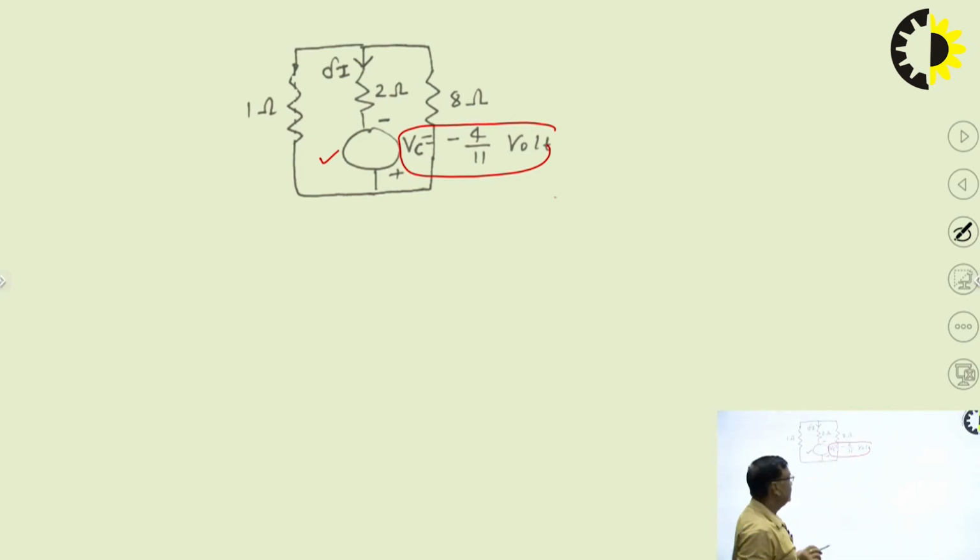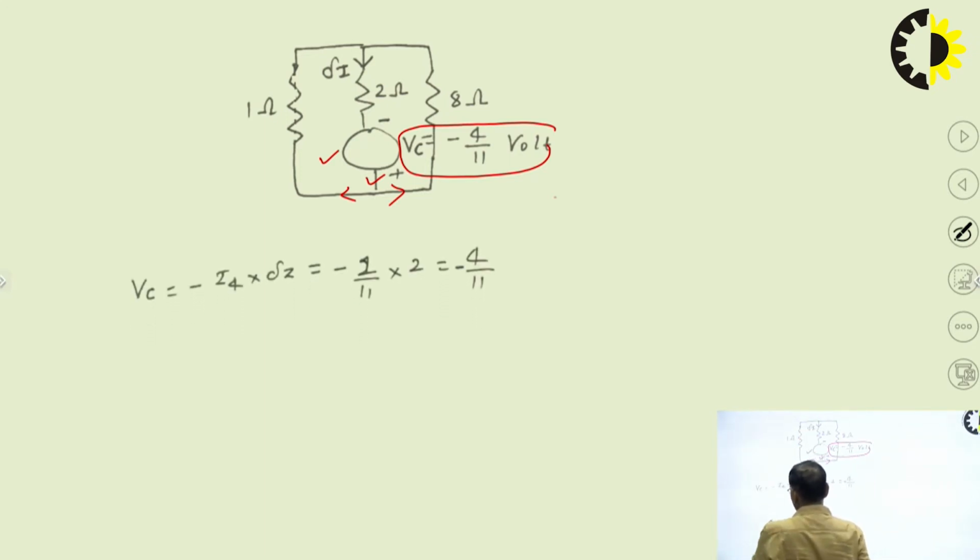Now look at here. Now you have to find the delta I from this circuit. So first we have to find the delta I. So VC is I4 into delta Z. This is the original current I4, this is the change in impedance.